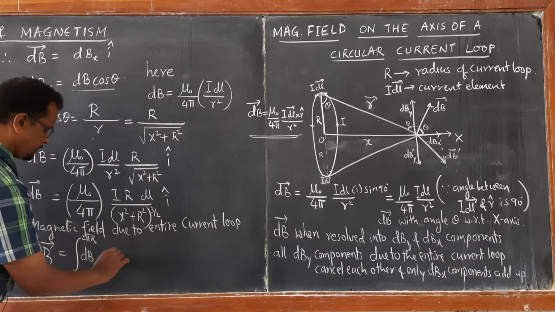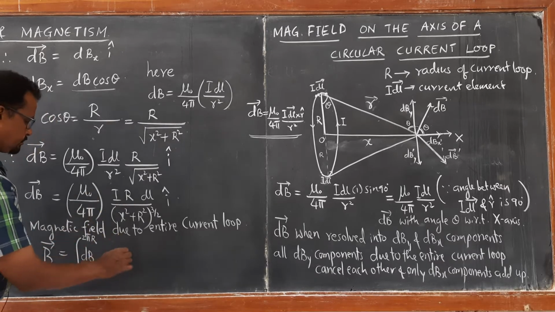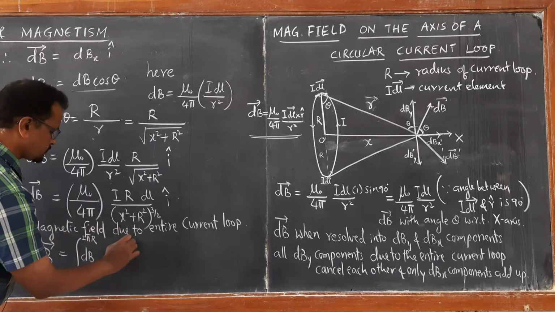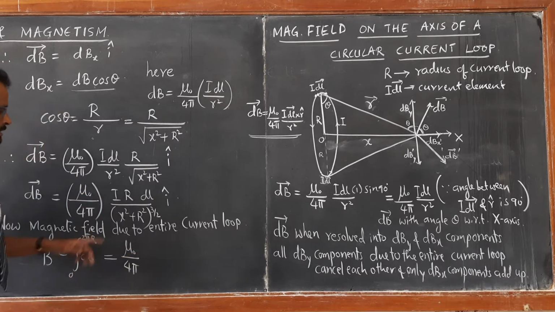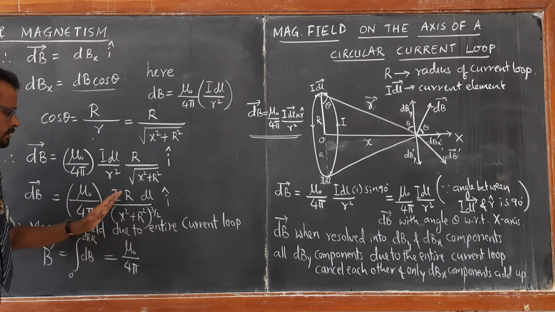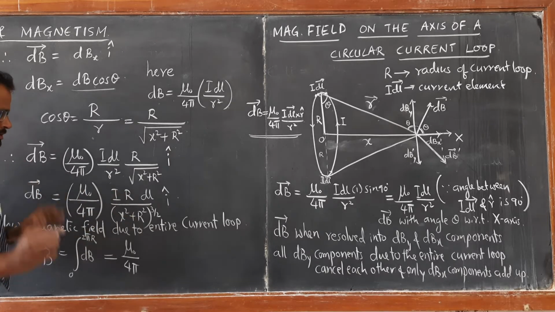So here I can write the same equation, taking out the constant mu naught upon 4 pi, and you can see x square plus R square, I R, these are also constant.